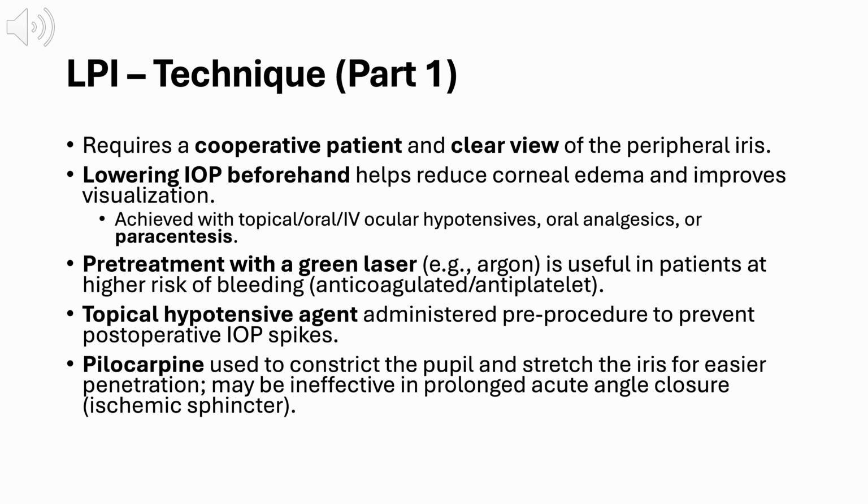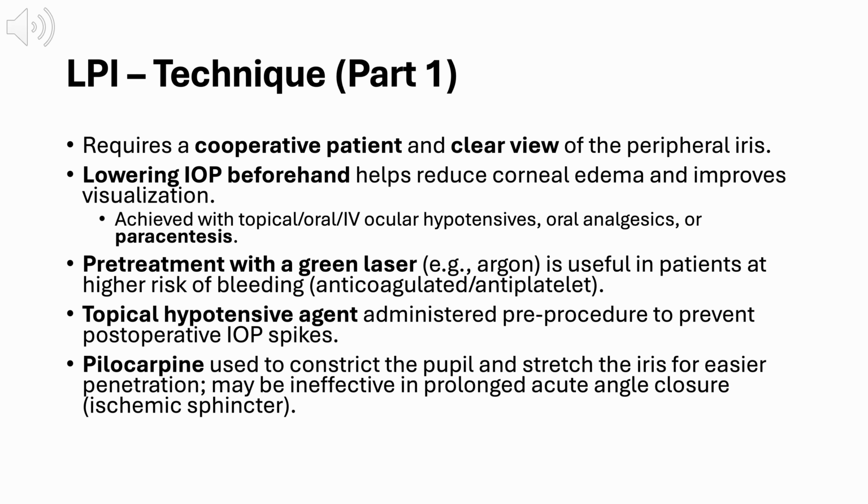You can accomplish that with topical, oral, or intravenous hypotensive agents, with analgesics, or, when necessary, with a small paracentesis. In patients with a higher bleeding risk, such as those on anticoagulants or antiplatelets, pre-treating the iris with a green laser like argon can stiffen tissue and lessen the chance of bleeding when the full-thickness opening is created.